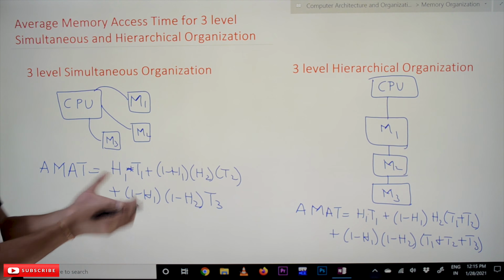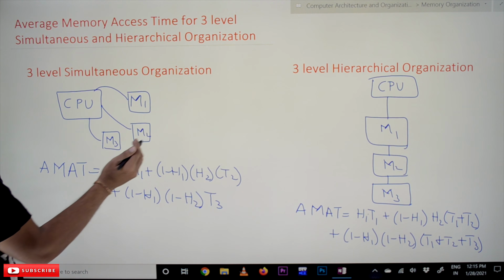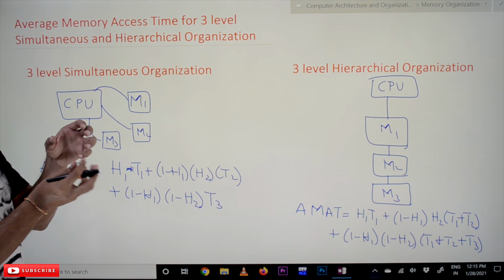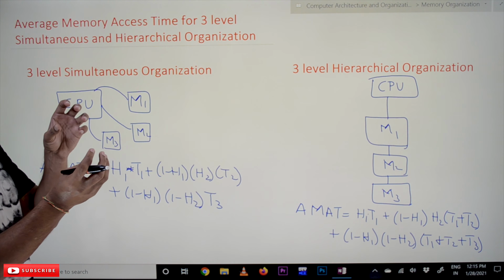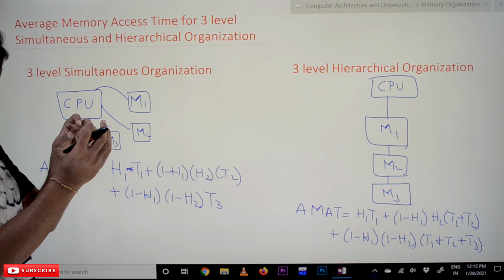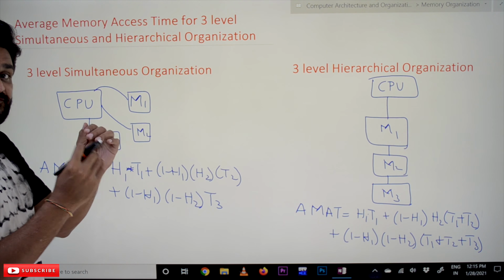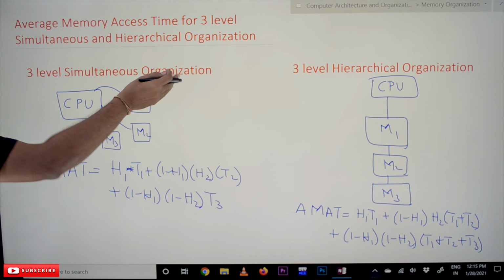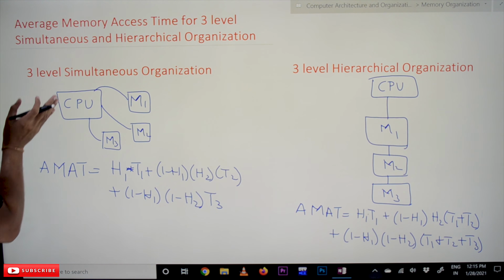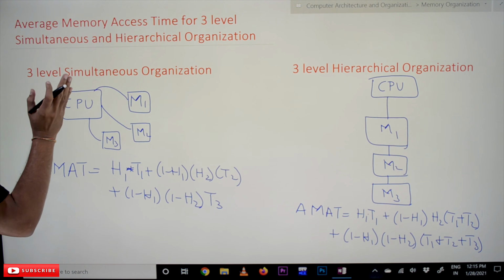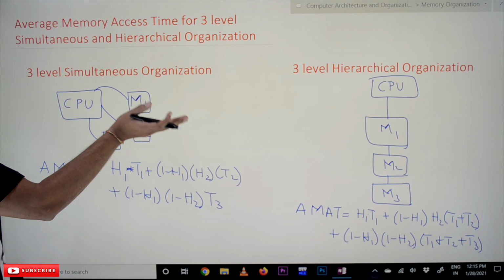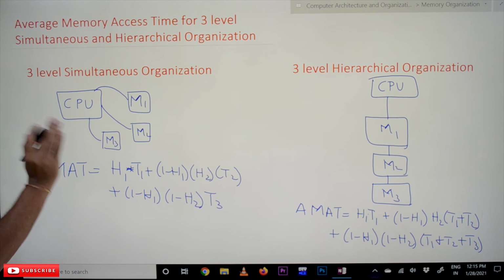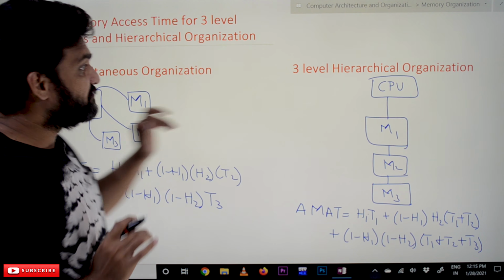In our assumption, M1 is going to be cache memory, M2 is going to be main memory, and M3 is going to be secondary memory. If the memory organization is with 3 different memories, it is what we call a 3-level organization. Simultaneous organization means whenever the CPU requests an address for an instruction on the memory, it is going to simultaneously request all the 3-level memories. So that is what we call a simultaneous organization.